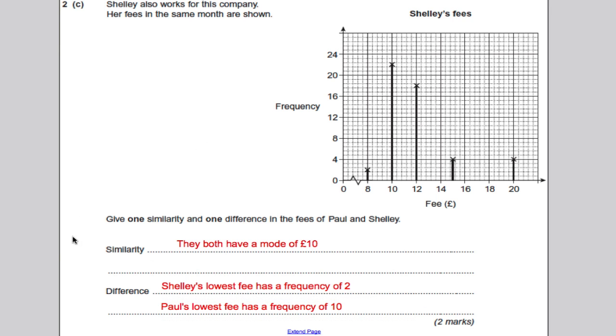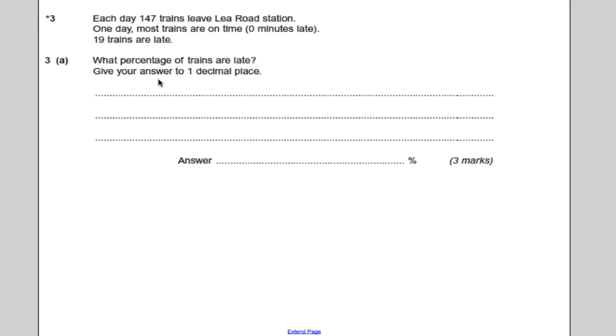Okay, moving swiftly on. We're told that 147 trains leave Leah Road Station, and one day most trains are on time. It says 19 trains are late, and we're asked what percentage of the trains are late. So to work out what percentage, I'm going to do the number of trains that were late divided by the total number of trains.